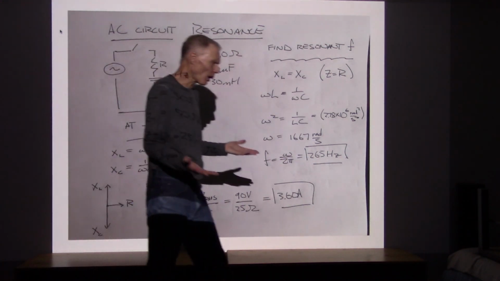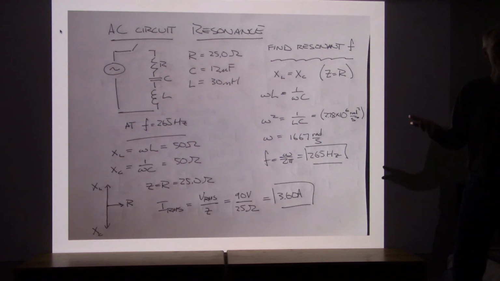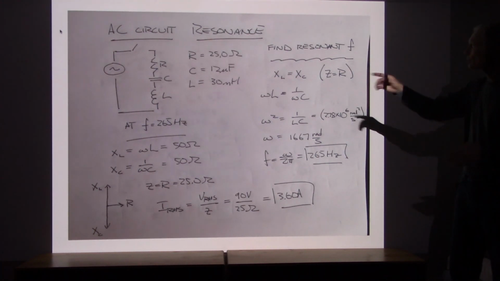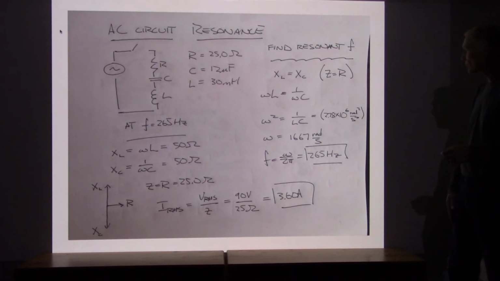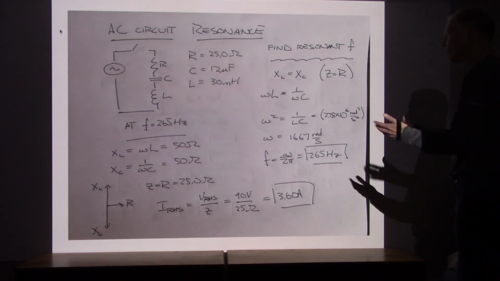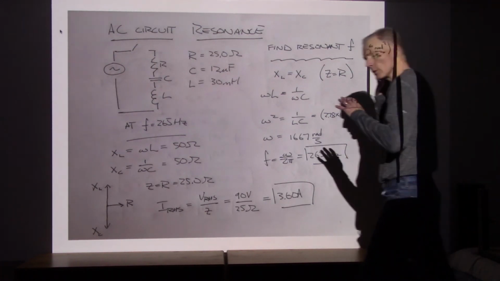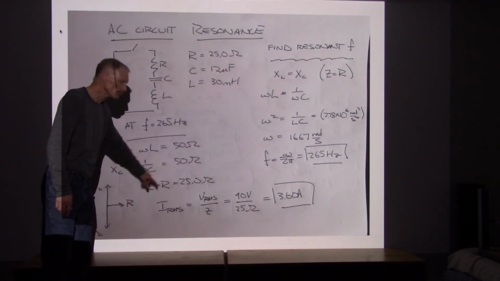So for any RLC circuit, there's going to be some frequency at which the effect of the capacitor and the inductor cancel each other out. And that's going to be our resonant frequency for the circuit. And it looks like we successfully identified what the resonant frequency would be here. Under those circumstances, the entire impedance reduces down to just the resistor.